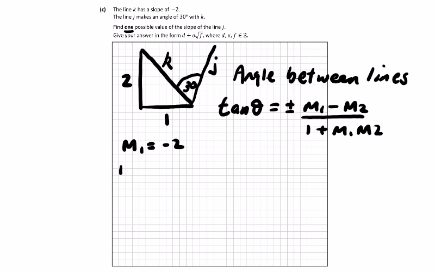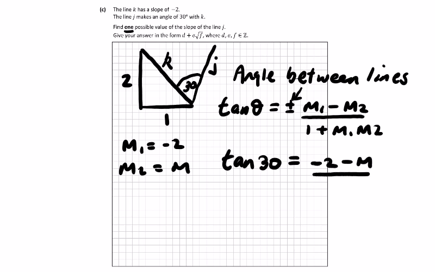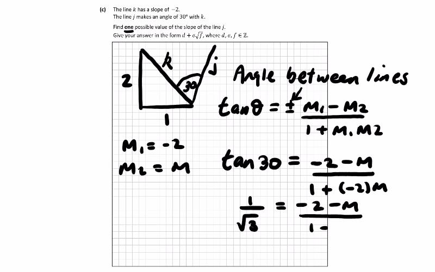If we call m1 minus 2 and m2 just m, then subbing this in, the angle is 30, so tan of 30 is equal to, let's just take the plus version, minus 2 minus m over 1 plus minus 2 by m. Tan of 30 is 1 over root 3, is equal to minus 2 minus m over 1 minus 2m.